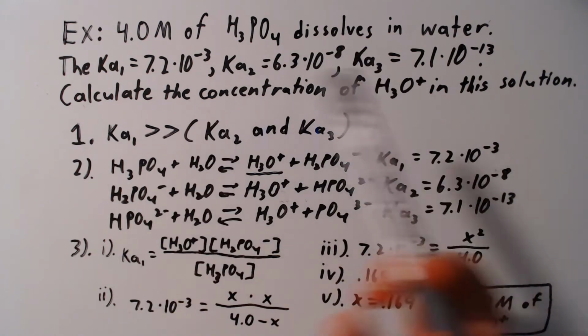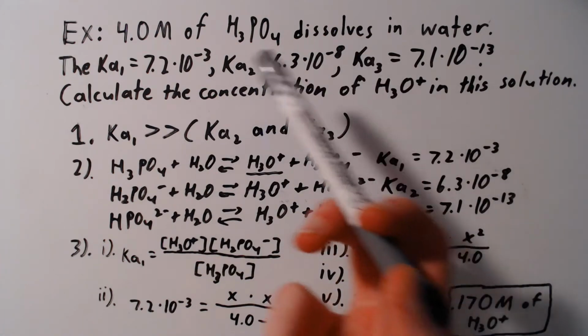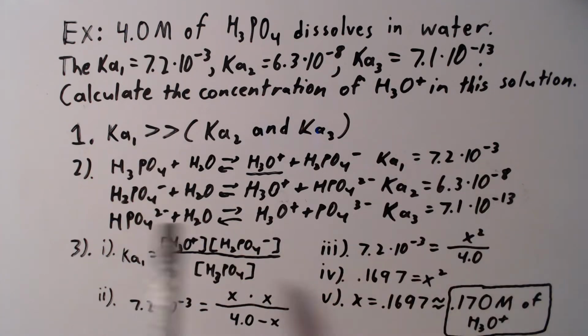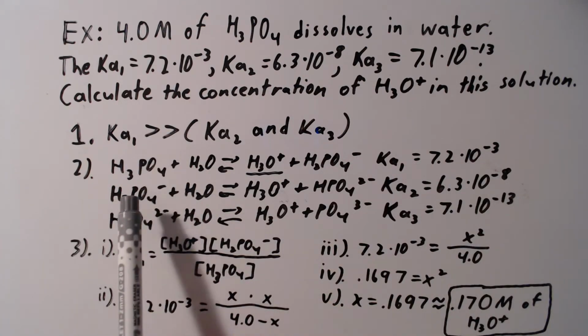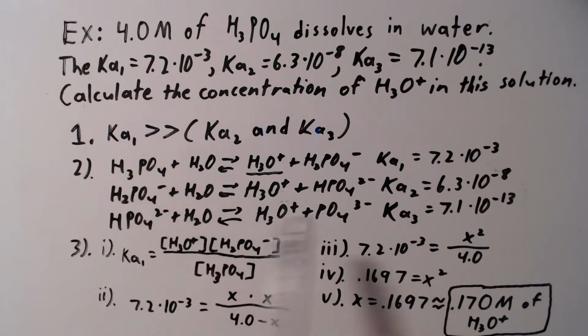Well, first, again, like with any of these problems, we have to understand what is happening when H3PO4 dissolves in water. Now, we know from the previous part that there are 3 reactions that actually happen.